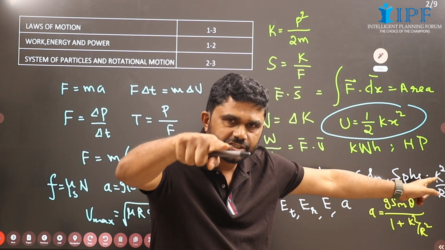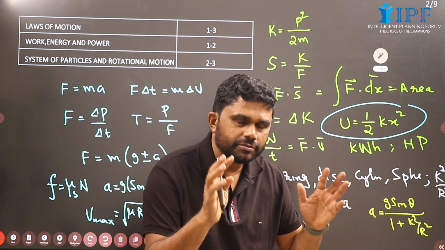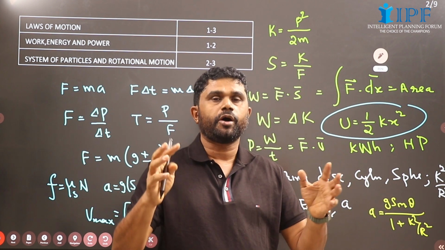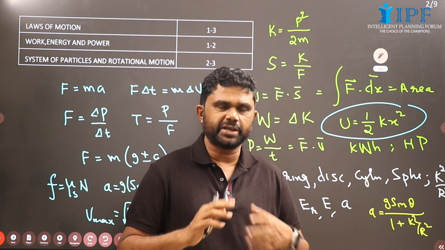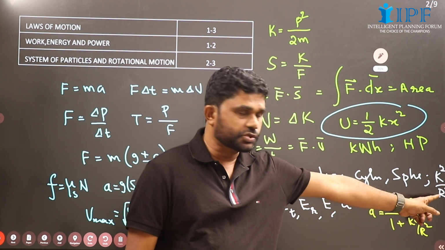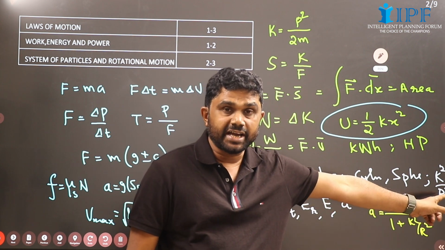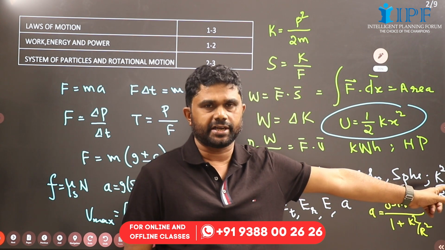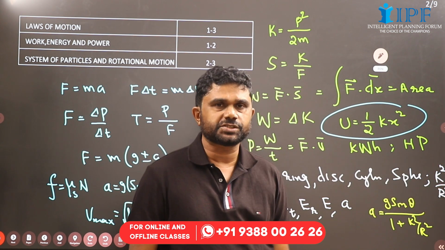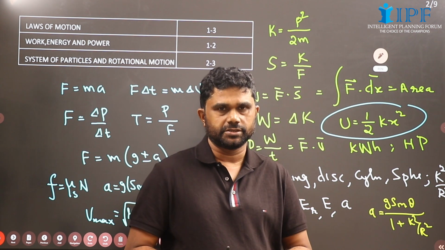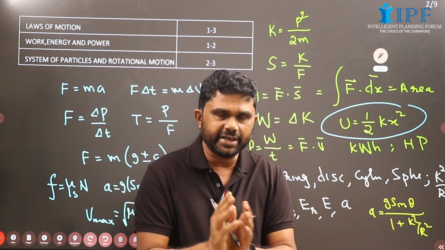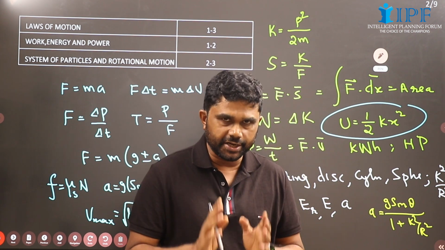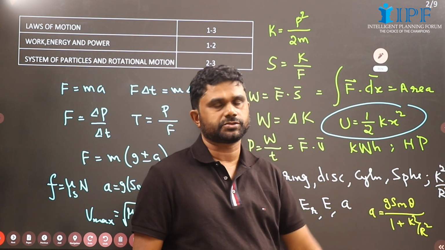K is the radius of gyration and R is the usual radius. R square corresponds to the translational kinetic energy, and K square corresponds to the rotational kinetic energy. So the ratio of rotational to translational kinetic energy equals K square by R square.